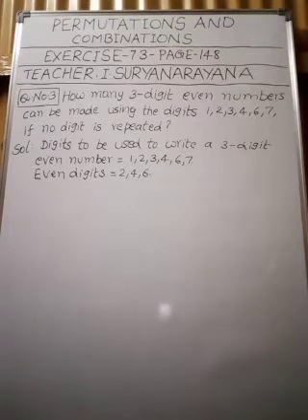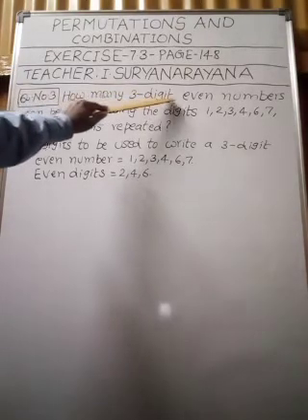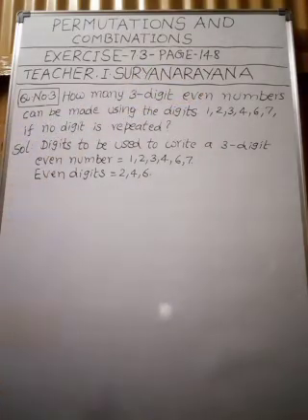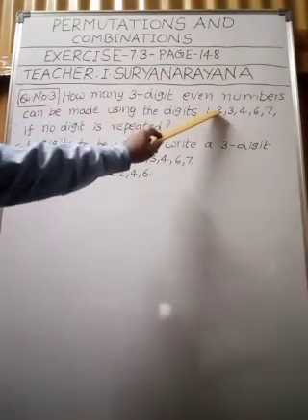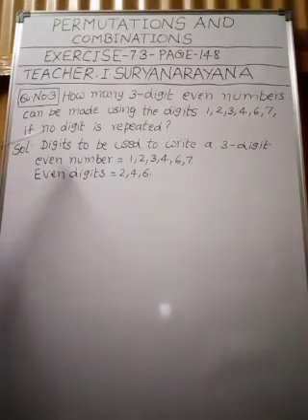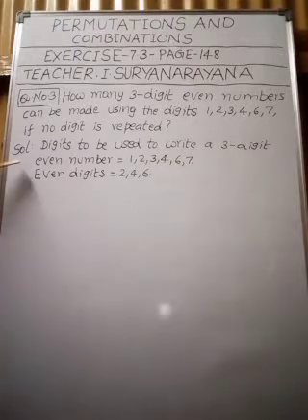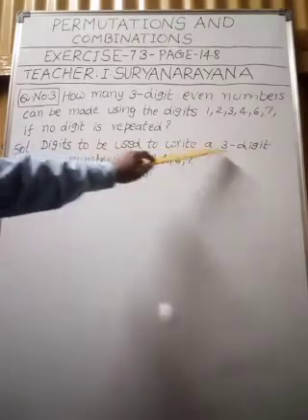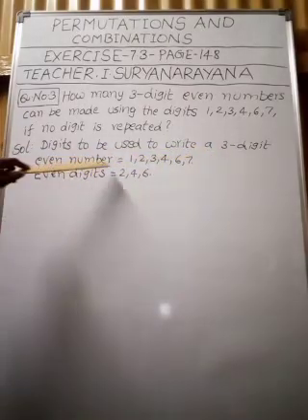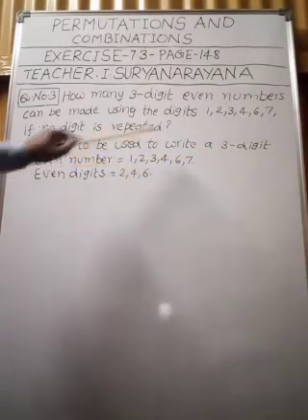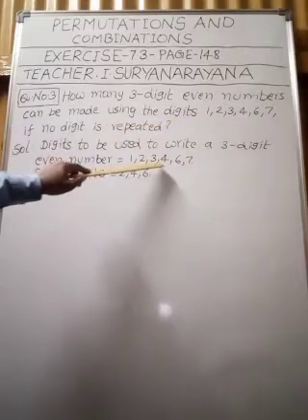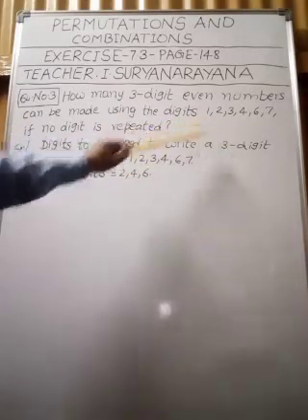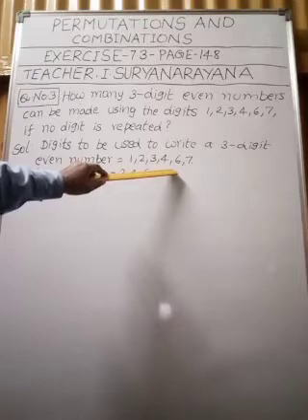We have to find the number of 3-digit even numbers by using the digits 1, 2, 3, 4, 6, 7 with no digit repeated. Understood this point, my dear children? Right. Come to the solution part. What are the digits to be used here? 1, 2, 3, 4, 6, 7. They have given it in the question itself.